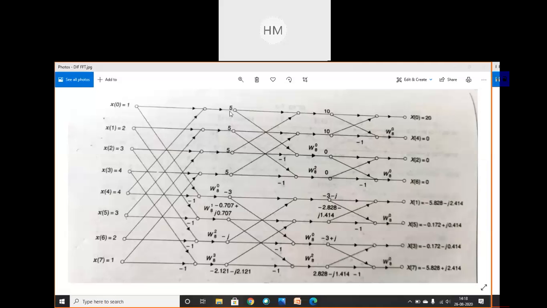Okay, so write down next numerical. सबने देख लिया है? Good. Given x of n is equal to 2 to the power n, ठीक है?